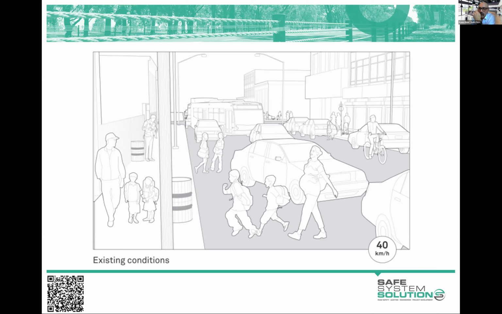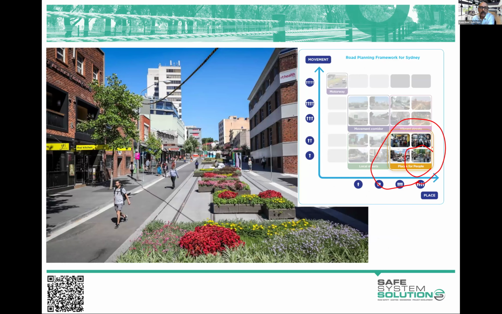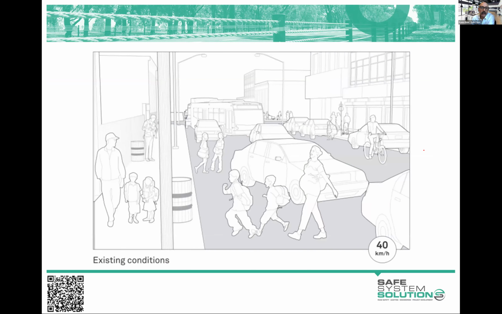So that's right. If you ever get asked to assess an area and it's down in the place for people category, you really should be questioning, should we have cars in there at all? Should we have vehicles in there at all? Buses, trucks? Can we just make it a fully pedestrianized area?